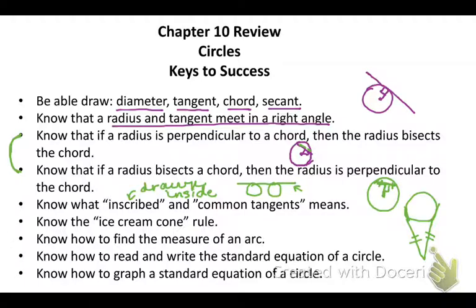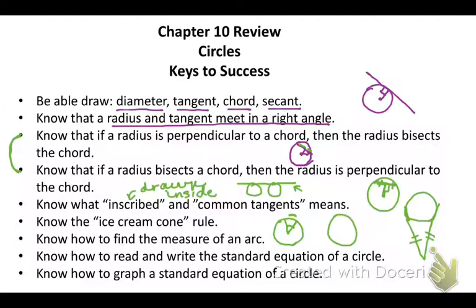Know how to find the measure of an arc. The measure of an arc is in degrees, and remember that when you have an arc that's made from the center of the circle, the number of degrees in the vertex is equal to the measure of the arc.